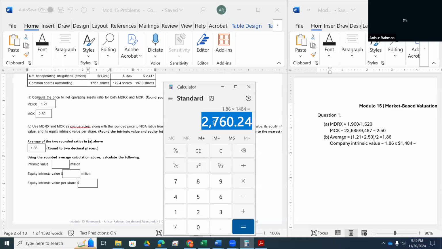So to the nearest million, it will be 2,760 million. So 2,760.